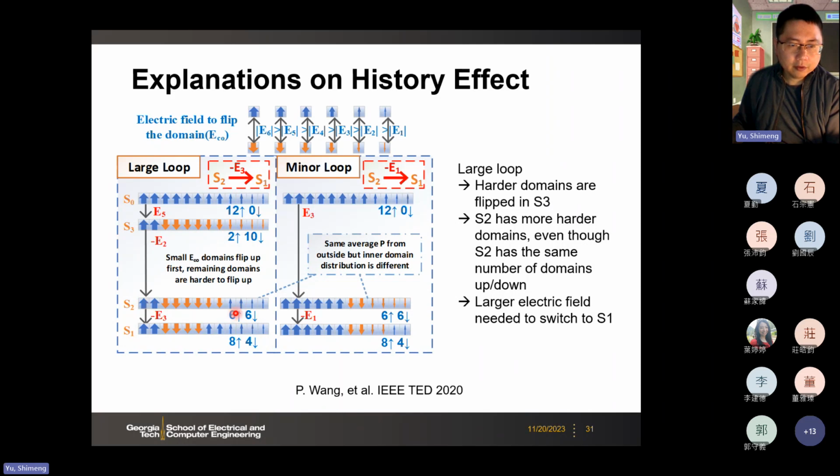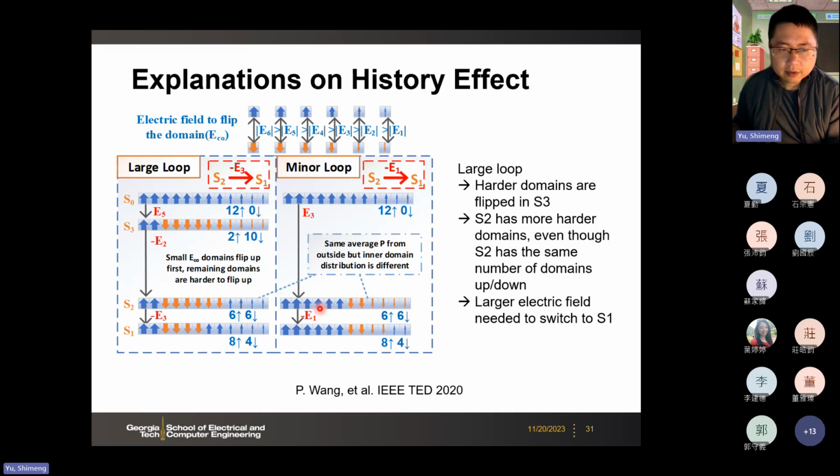We flip 4 dipoles up again. So in this S2 state, in total, we have 6 up and 6 down. So the net is 0. So the net charge is 0. And then for the minor loop, we directly go from here to here. So we are going to flip 6 easier domains here.